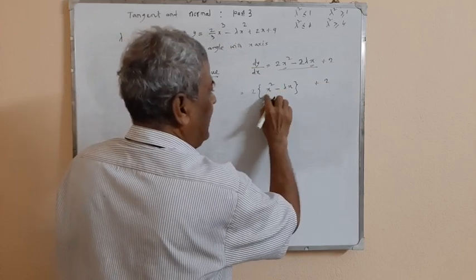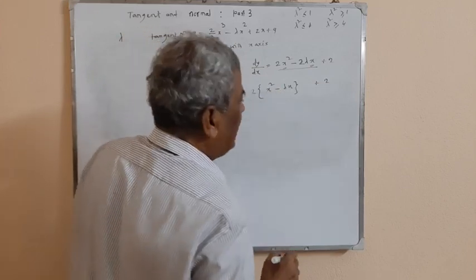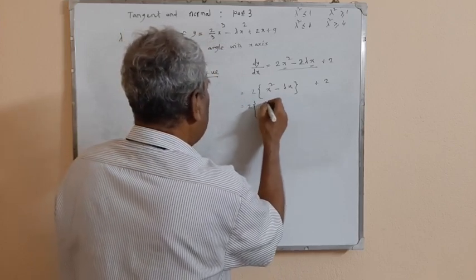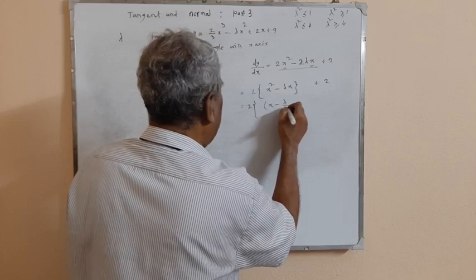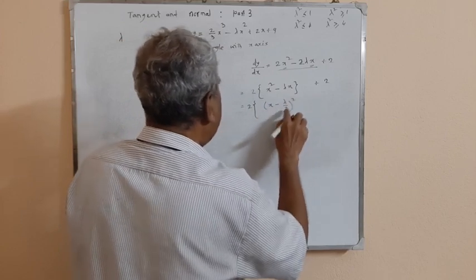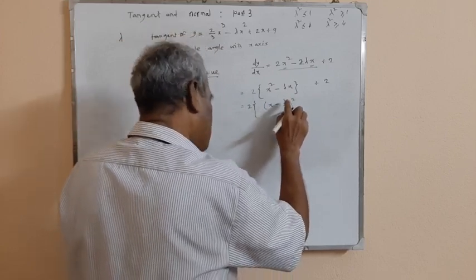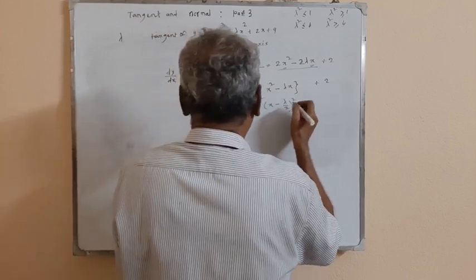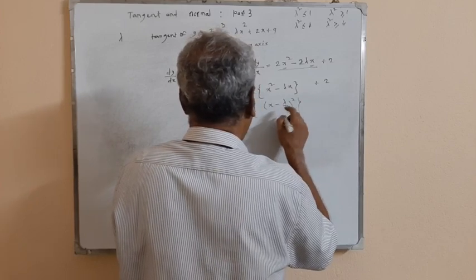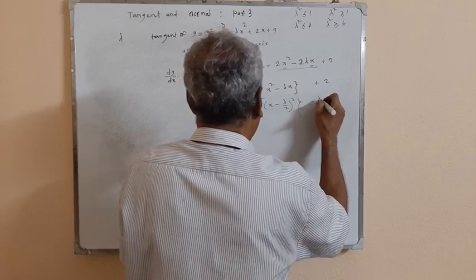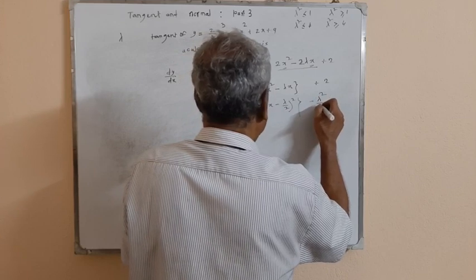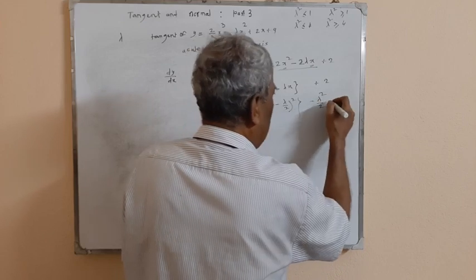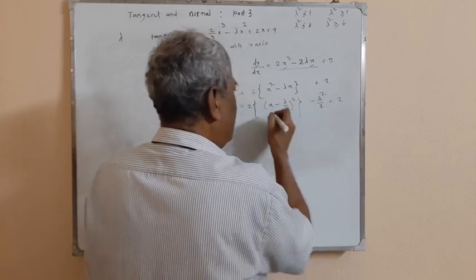So we make this along with some constant a perfect square, so that 2 into x minus lambda by 2 whole square. I have taken lambda square by 4 extra, so we have to adjust it, minus lambda square by 4, and 1 is there, plus 2. It is positive.